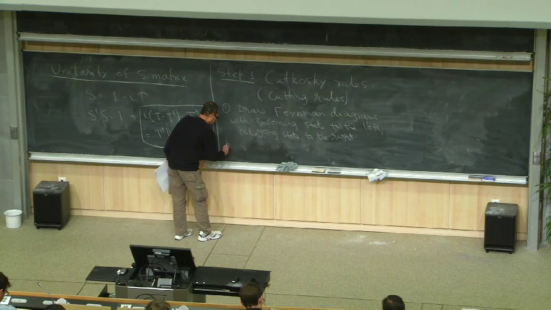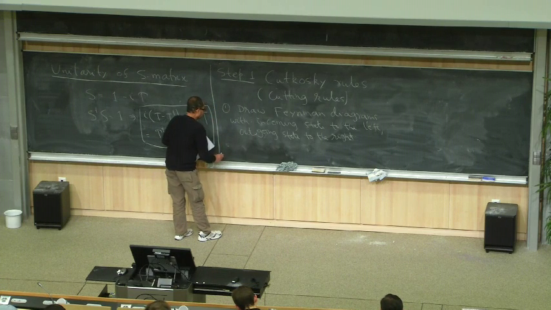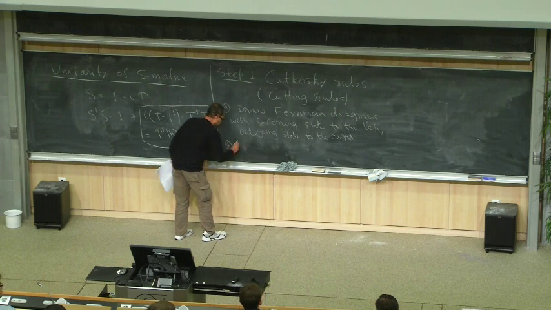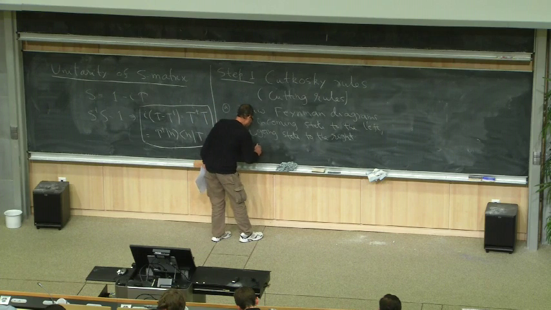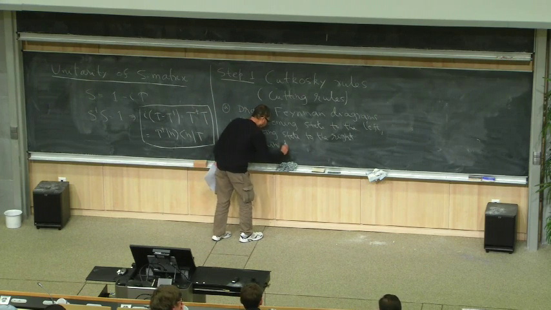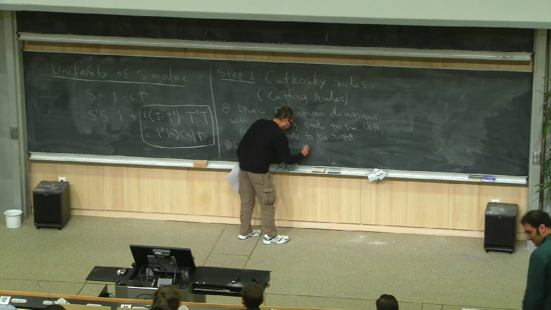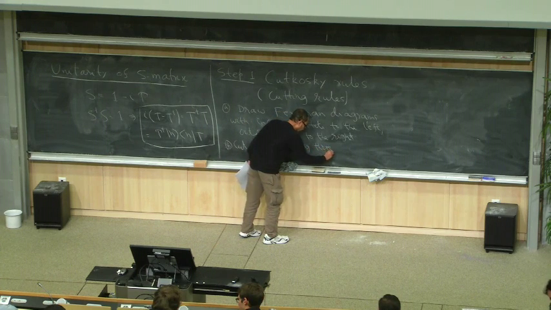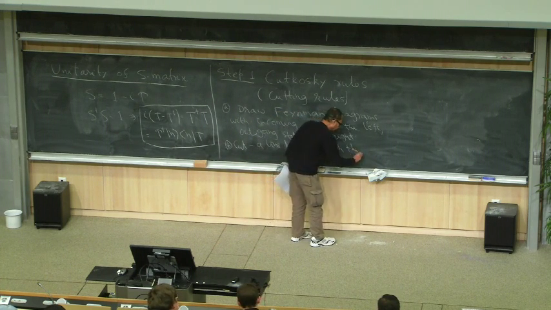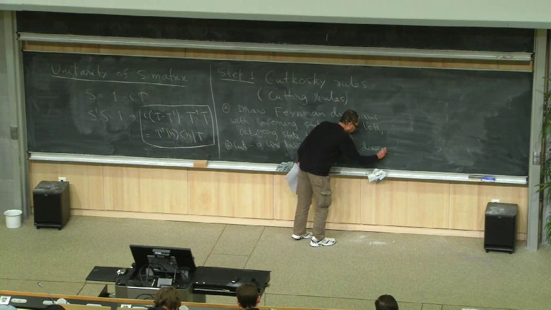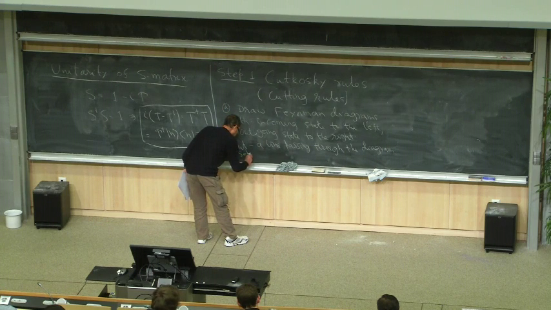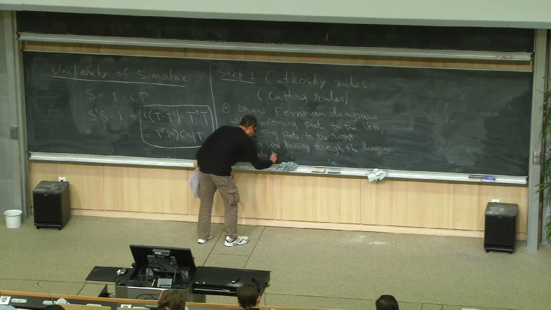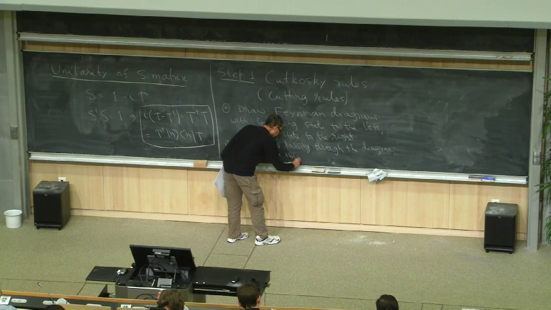Then we define a cut. So what is a cut? A cut is simply a line passing through the diagram, and it should separate the incoming states from the outgoing states.